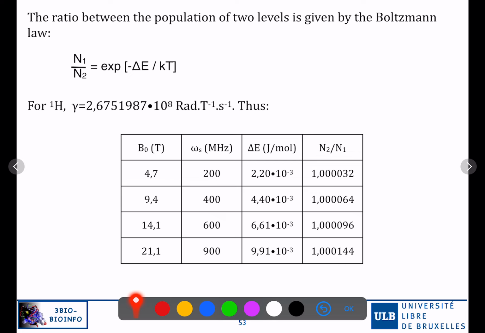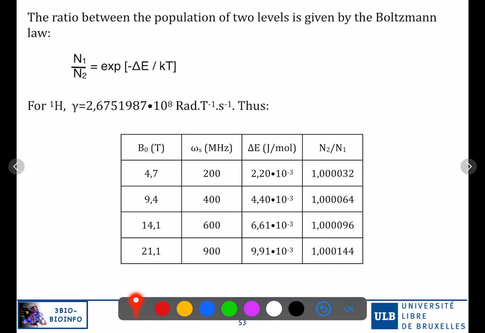And so here you see that to have a difference in the population in the two energy levels, you have to work with very strong magnetic fields. So you see that even with a magnetic field of 21 Tesla, the ratio is very close to 1. That means that you have a difference in the population between the two states that is very, very, very small.